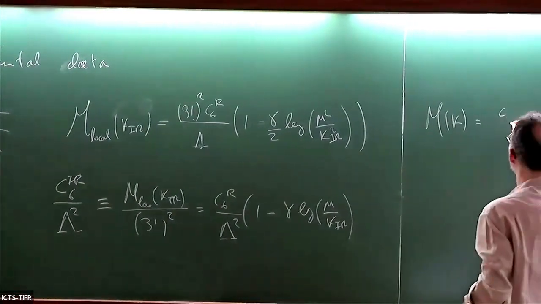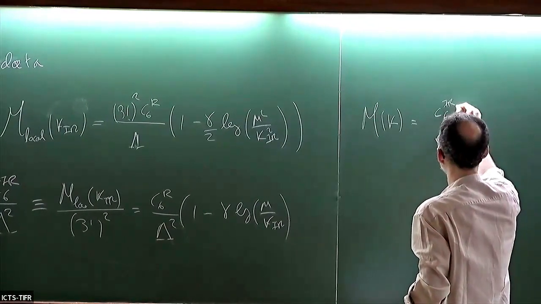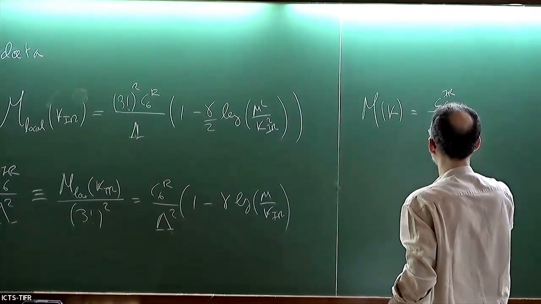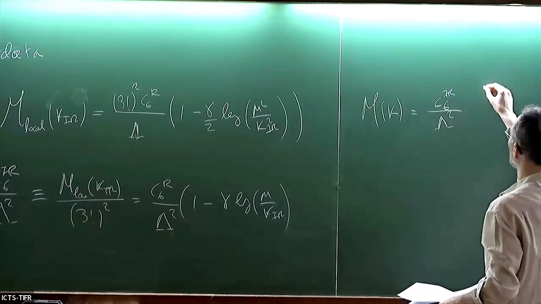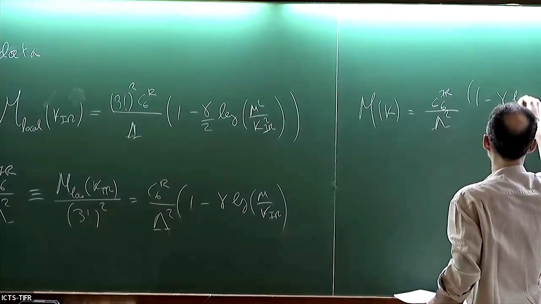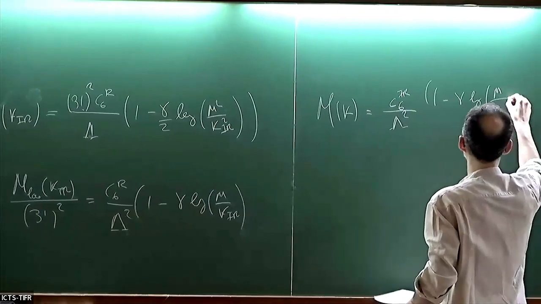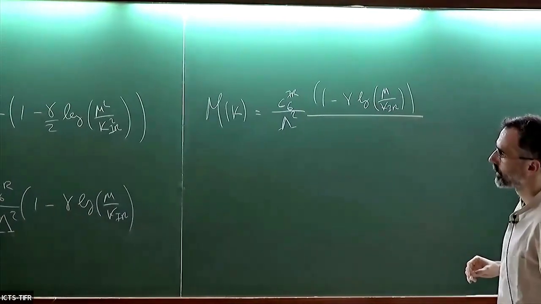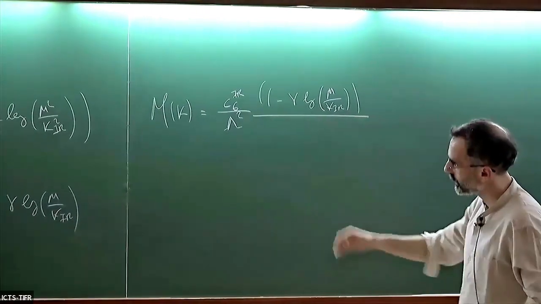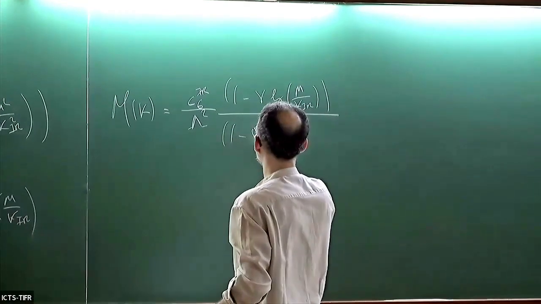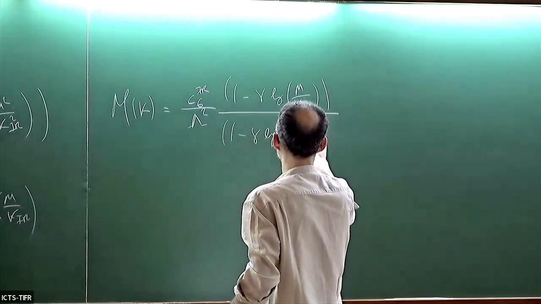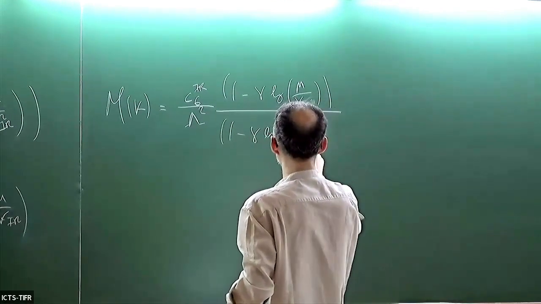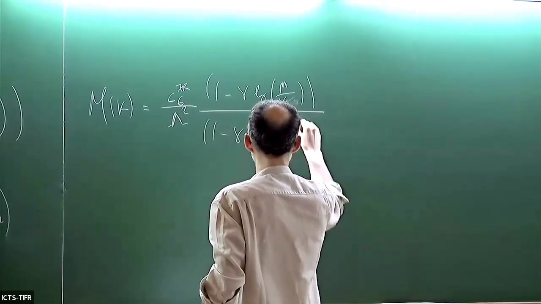It will be C6_IR over lambda squared, 1 minus gamma log of mu over K, divided by 1 minus gamma log of mu over K_IR. No, sorry, that's a general expression K, and this is K_IR.